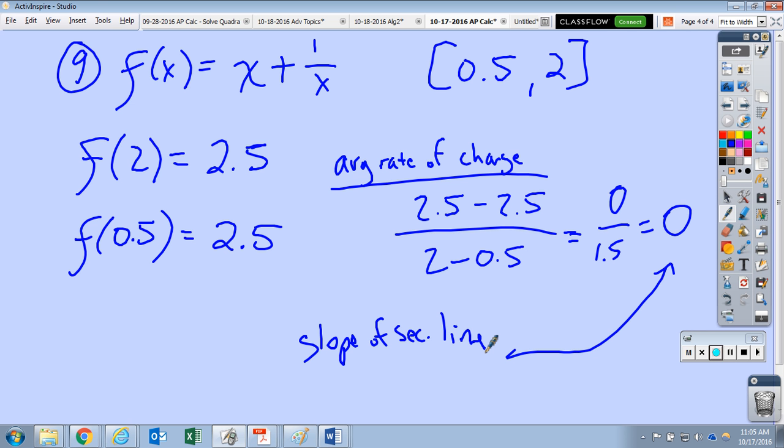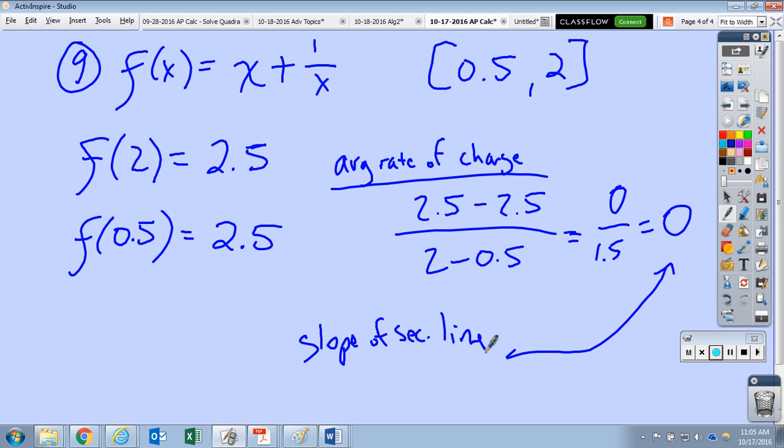And then for a tangent line to f in the interval that is parallel to AB, you have to find f prime of x and set that equal to 0, and that'll tell you the point C where the tangent line has the same slope as your secant line.